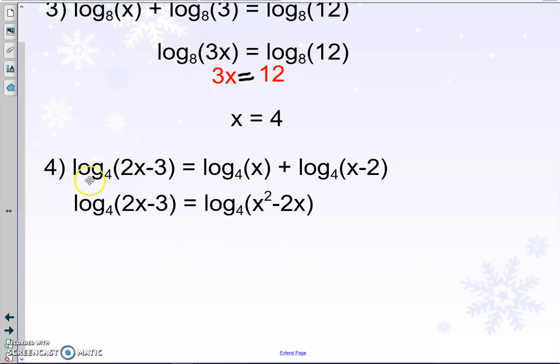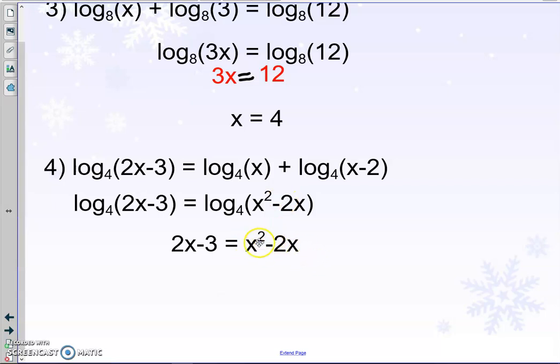So that becomes log base 4 of 2x minus 3. And using the product property, I have to multiply this x by x minus 2, and I distribute it. Now I have a single log base 4 equals a single log base 4, so I can use duh and set whatever's inside the two logarithms equal to each other.